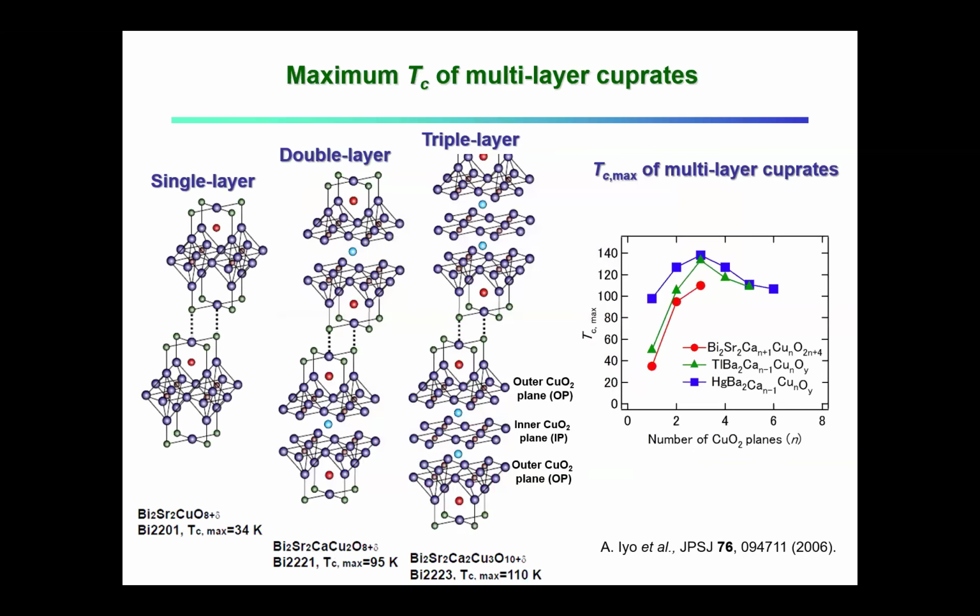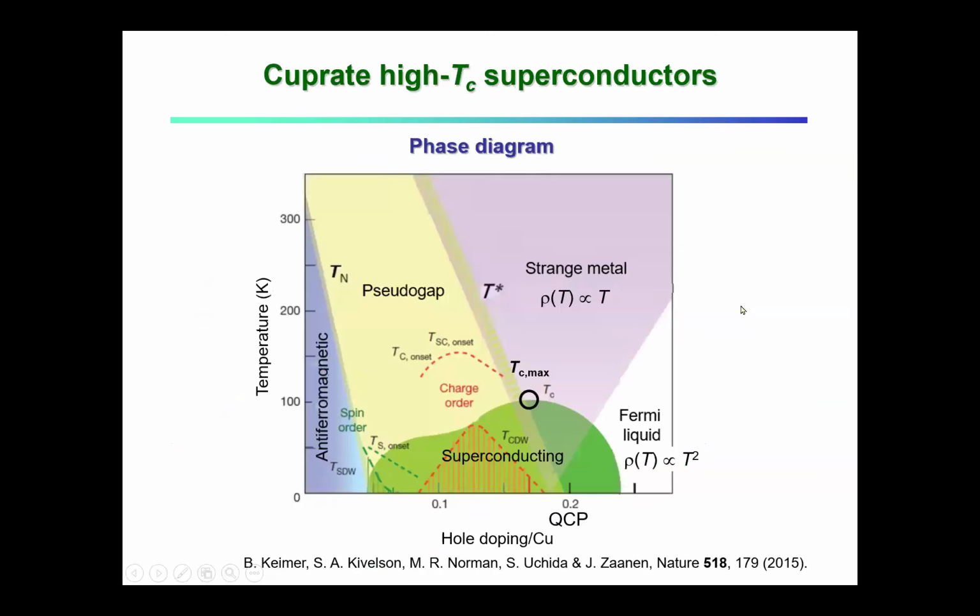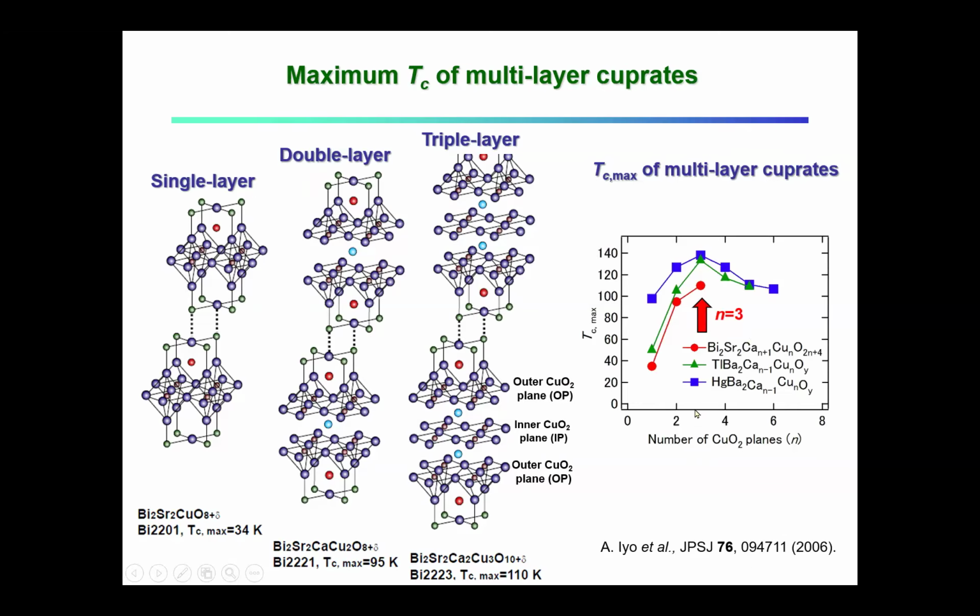This has been a long-standing problem: as a function of the number of coupled planes, the TC usually increases with the increase in layer number, but decreases over 3 layers. So TC takes a maximum at n equals 3.